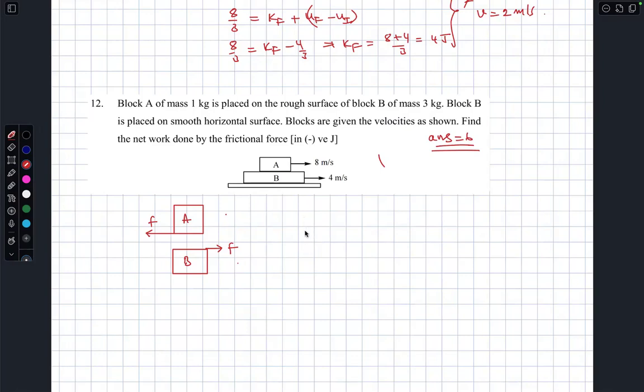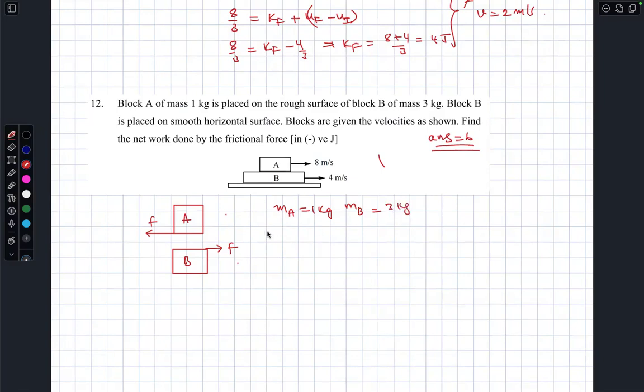Please try to understand, momentum is conserved because they are internal forces. Mass of A is 1 kg. Mass of B is 3 kg.